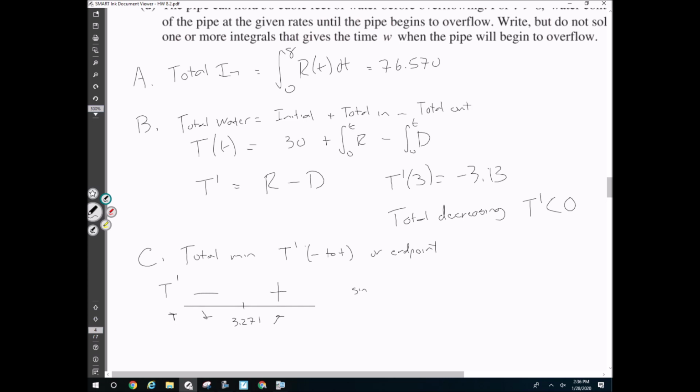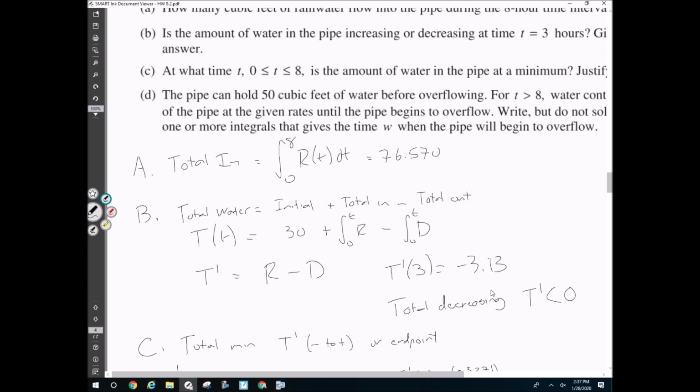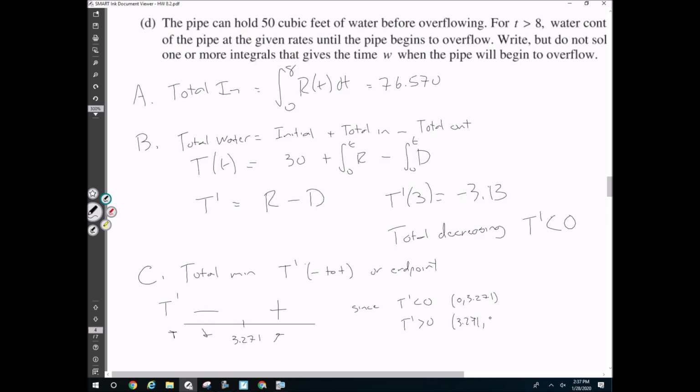So since T prime is negative from 0 to 3.271, and T prime is strictly positive from 3.271 to 8, is it 8? Yep.